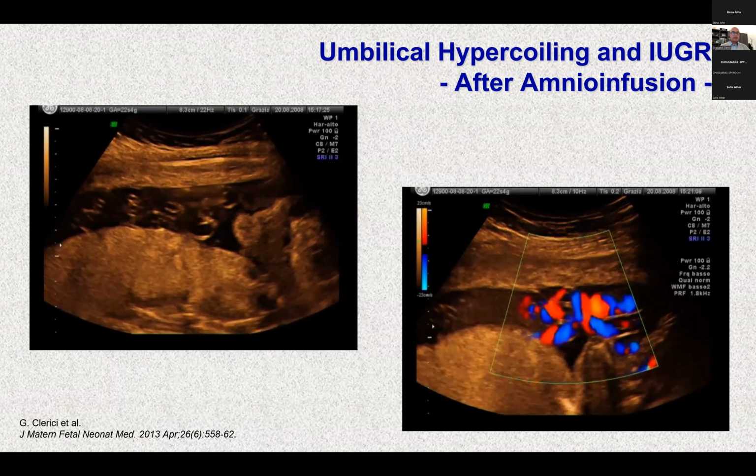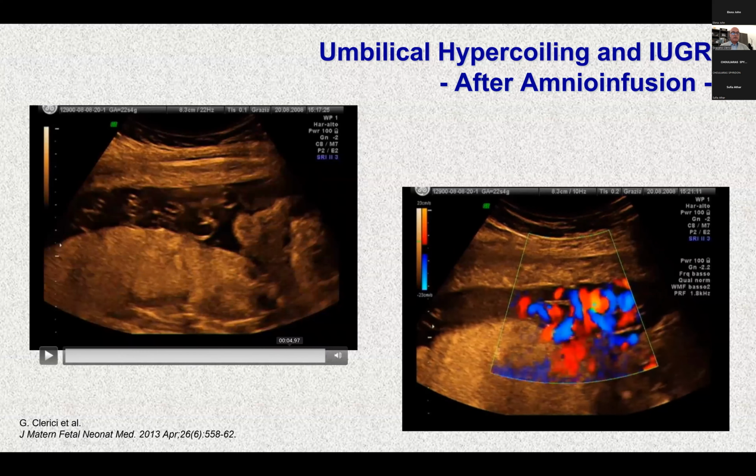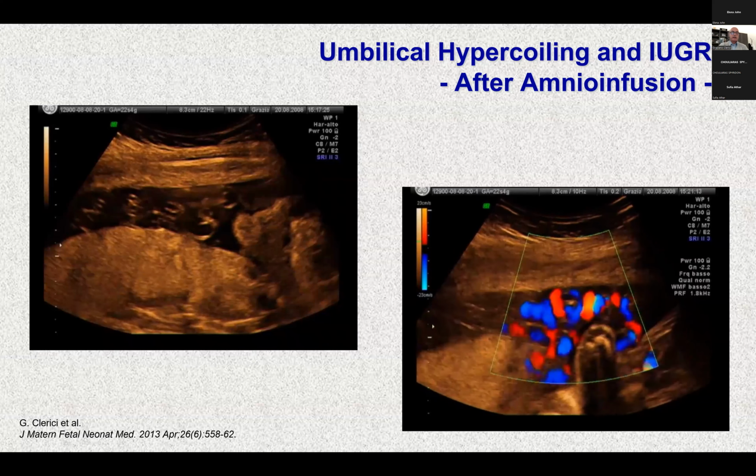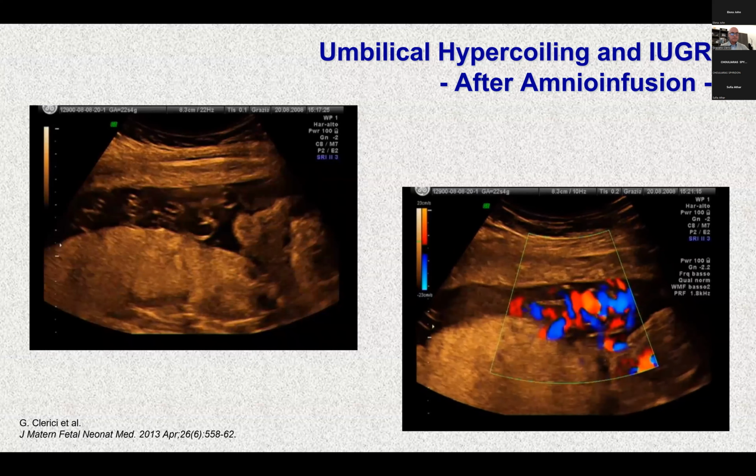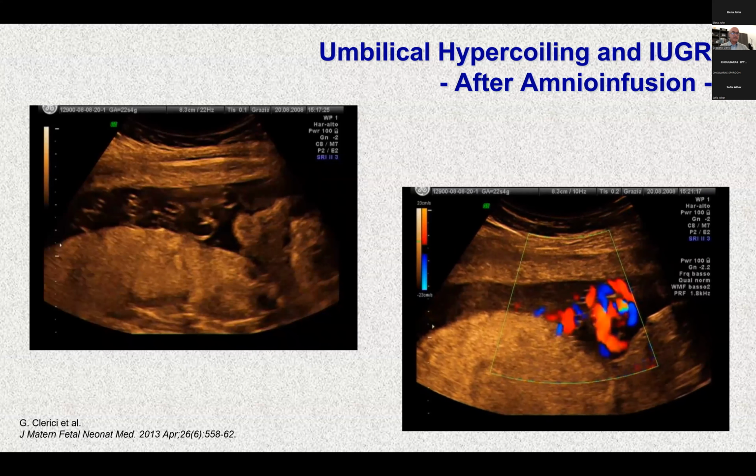You can see this patient was referred to me for the morphological evaluation for the anomaly scan at 22 weeks of gestation. And the colleagues that referred to me, this patient was very concerned about the reduction in the fetal growth and the absence of the reduction in the amniotic fluid.